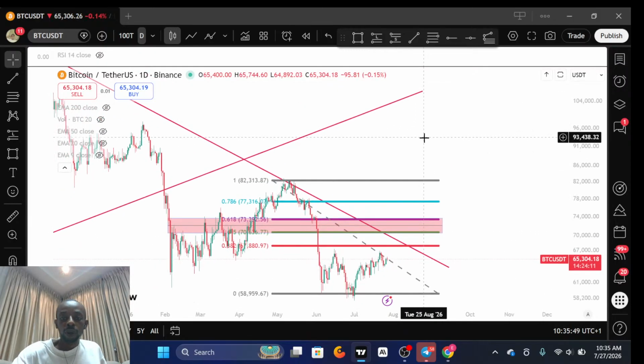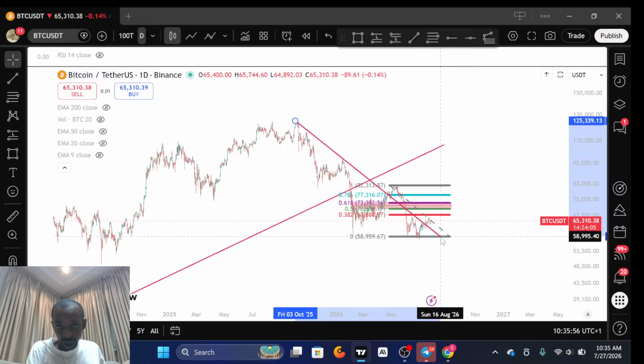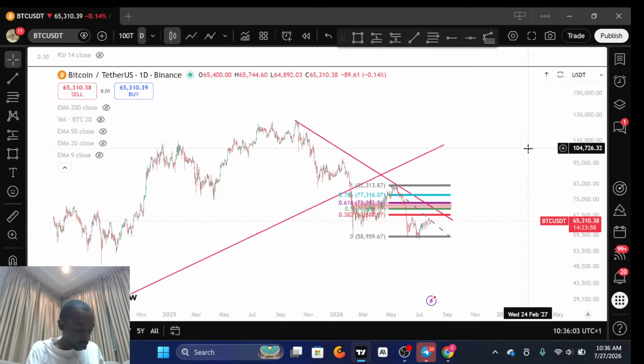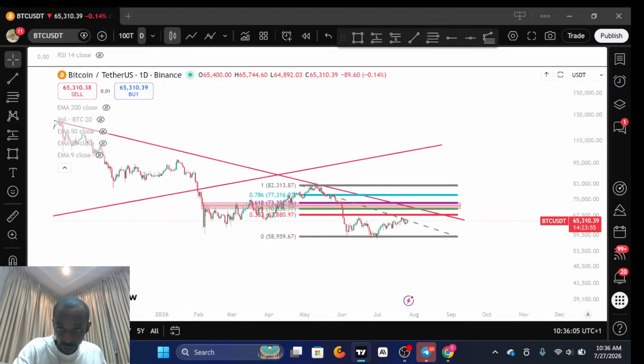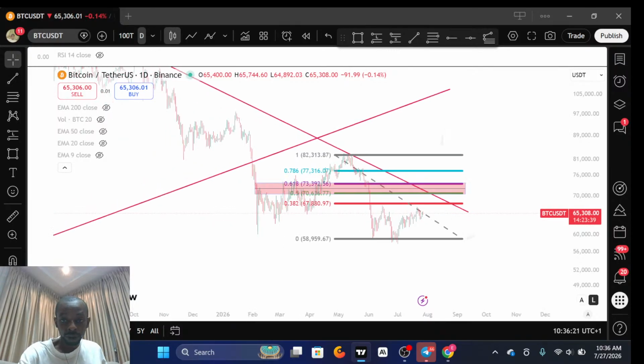That's what is going to happen. Bitcoin is going to touch within 73,000, 72,000, 70,000, and it's going to start selling on a micro level.